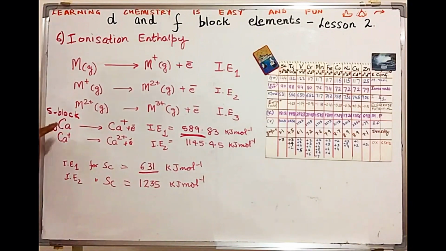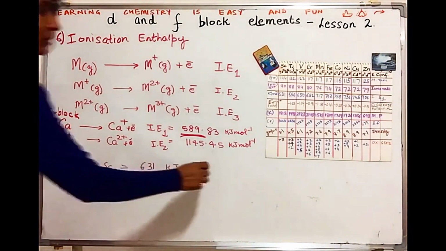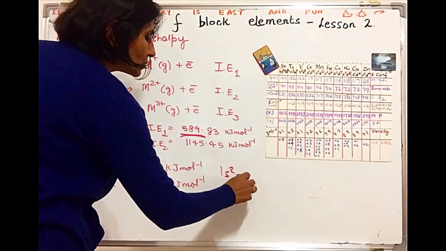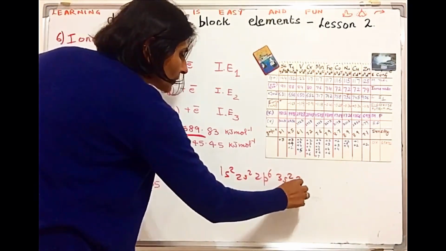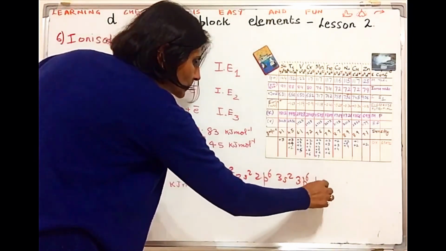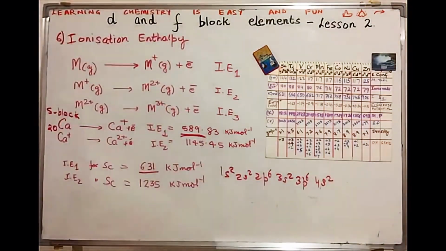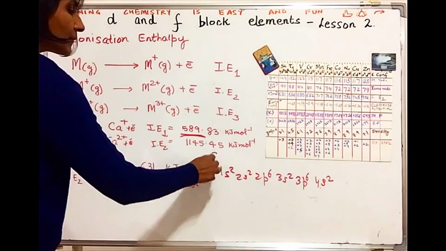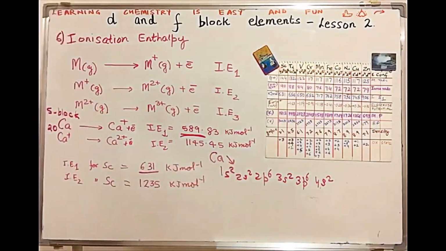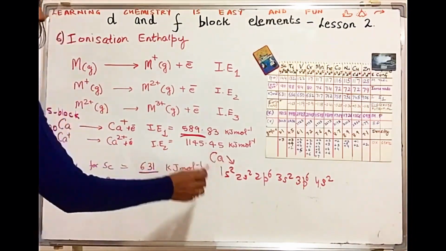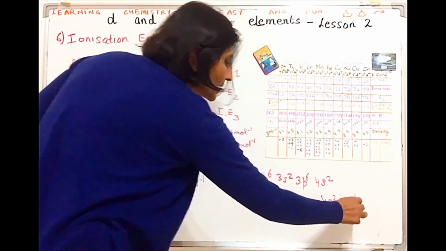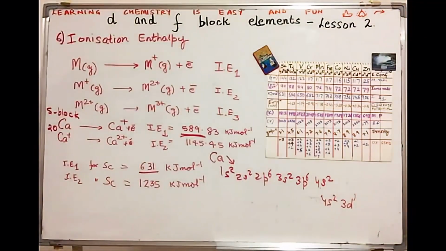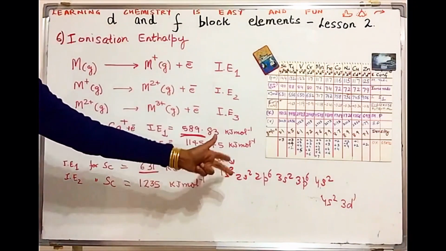Yes. You see, in the case of calcium, the configuration is 1s2, 2s2, 2p6, 3s2, 3p6, 4s2. Whereas in the case of scandium, there is 4s2 and 3d1. So the electron is entering into the d sublevel of the penultimate shell.